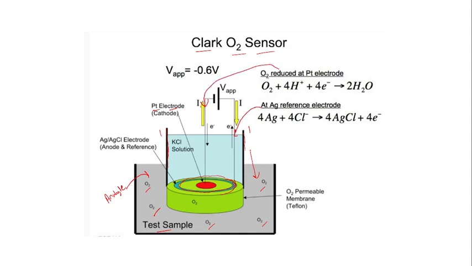These two electrodes are connected with one battery. You apply some potential from this battery. This is the negative terminal, so electrons will flow in this direction, and after that electrons will flow like that.